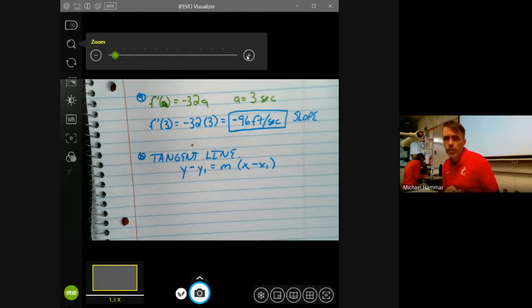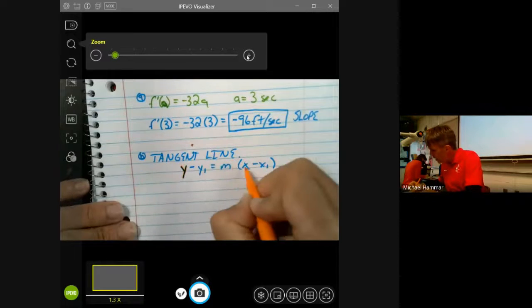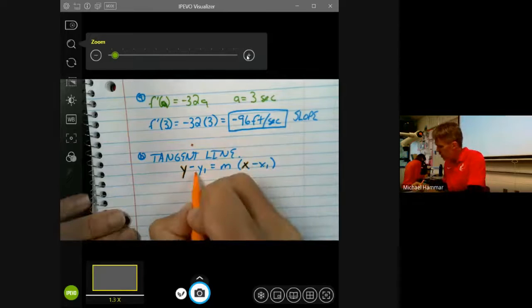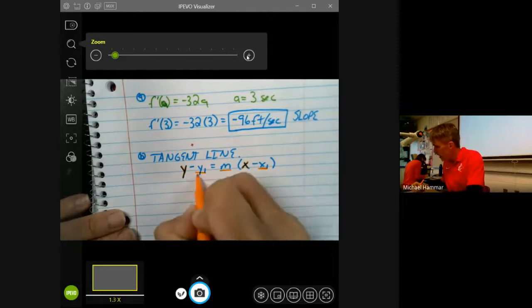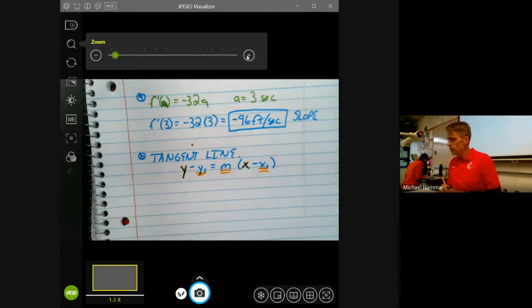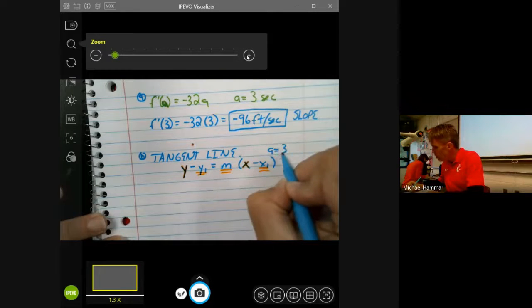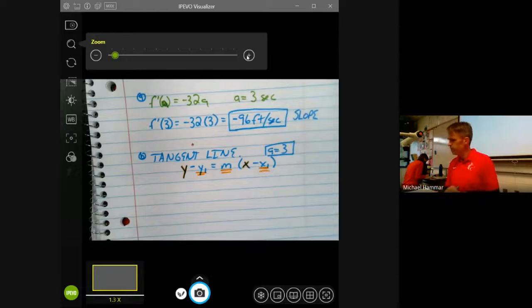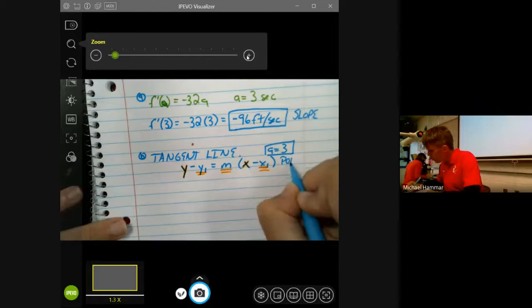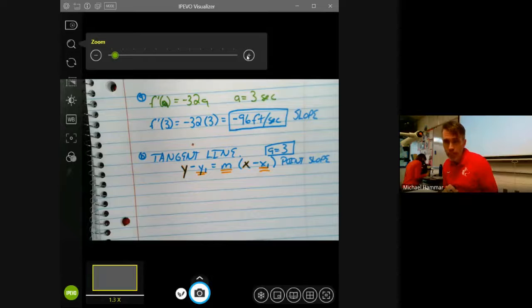The two variables, the y and the x, are always left in the equation. In order to use point slope form, you need a point and you need a slope.